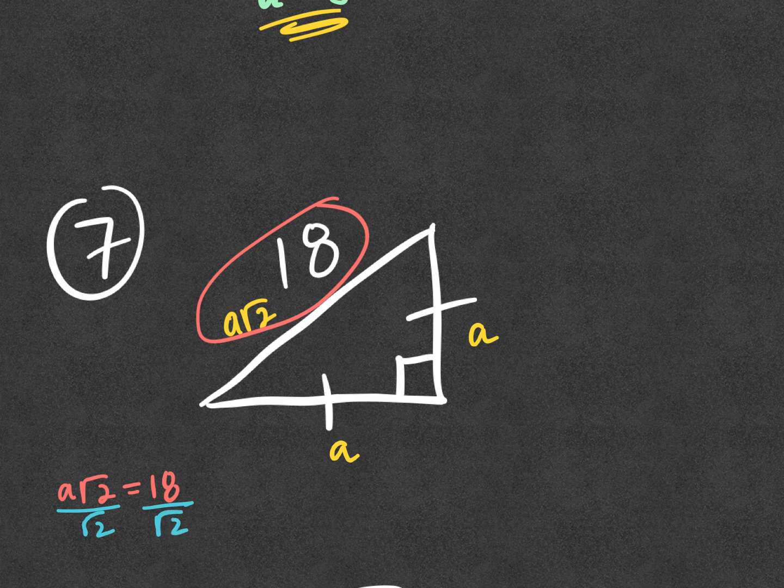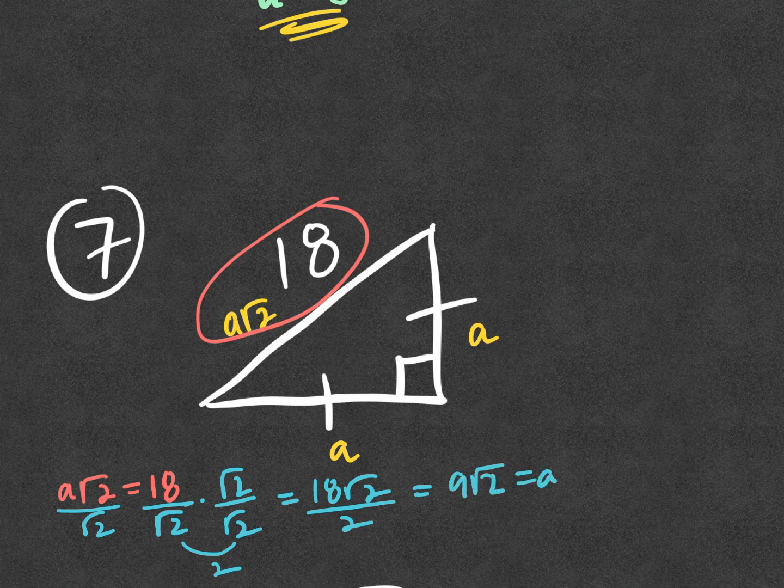Some of you might have noticed the pattern that when you finish these, it's just the number divided by 2 root 2. If you don't see that, that's totally fine. We're just going to finish the problem by rationalizing. Okay, so that's 18 root 2, and then these together give me 2. So the 18 over 2 simplifies to 9 root 2.